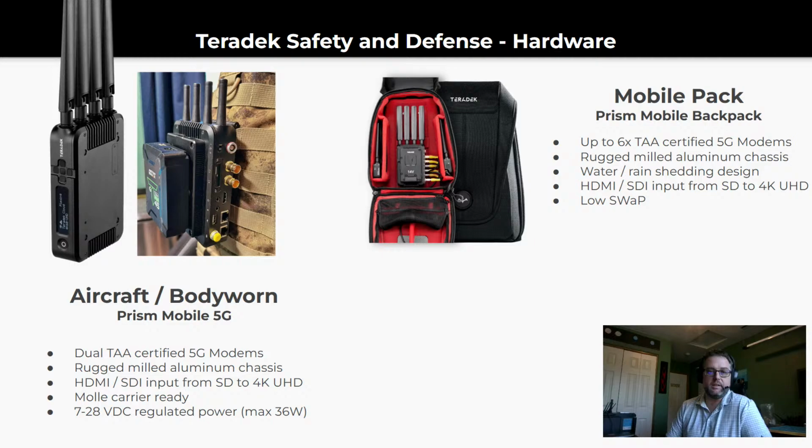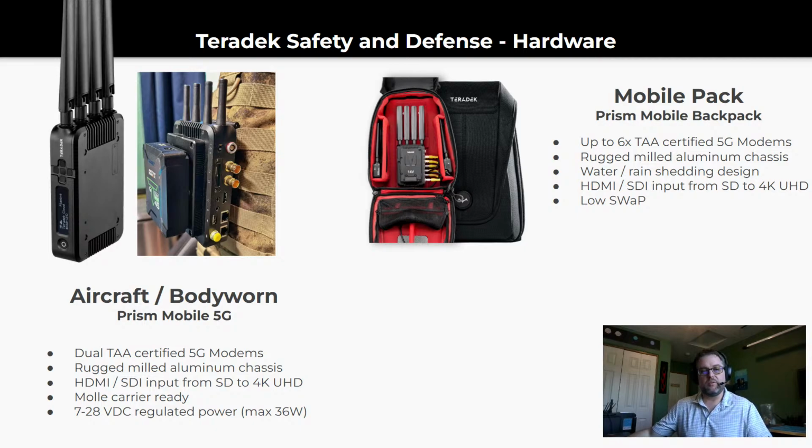The entire chassis on any of our equipment is milled aluminum, so it can take a beating. It's got some structure to it. We can work with your standard BNC connectors or SDI from tactical computers or FLIR systems, and we can also take in HDMI from drones or other video sources as well.